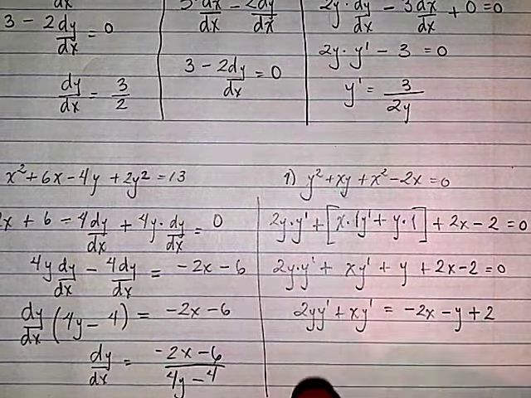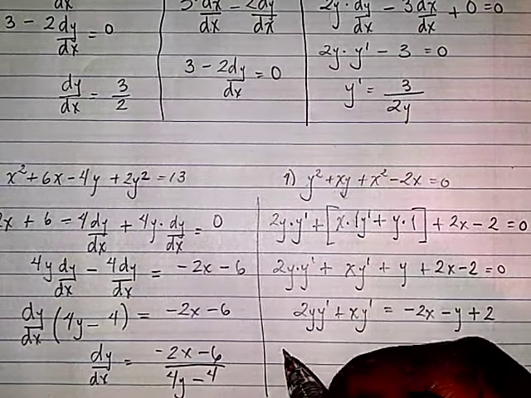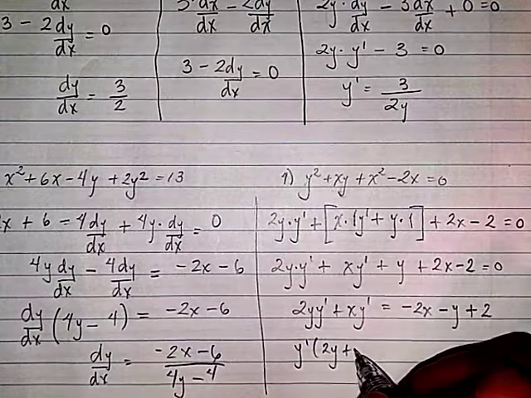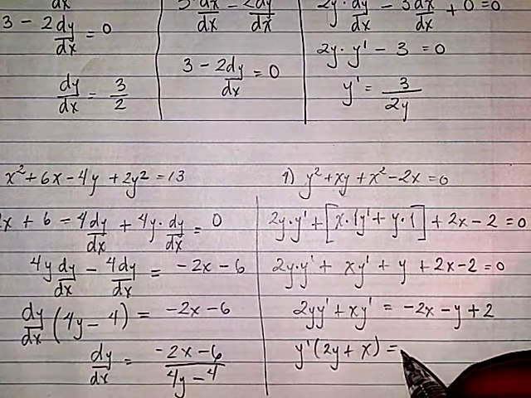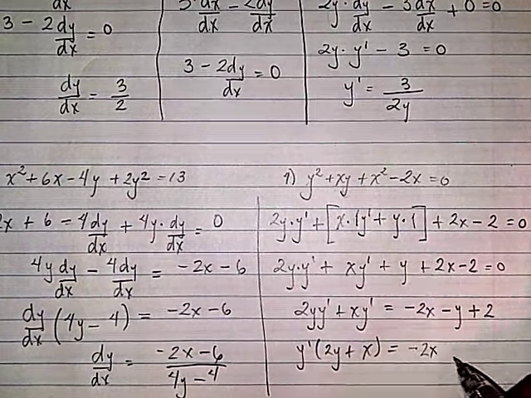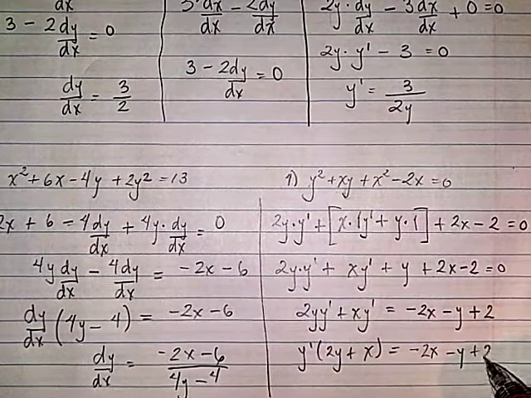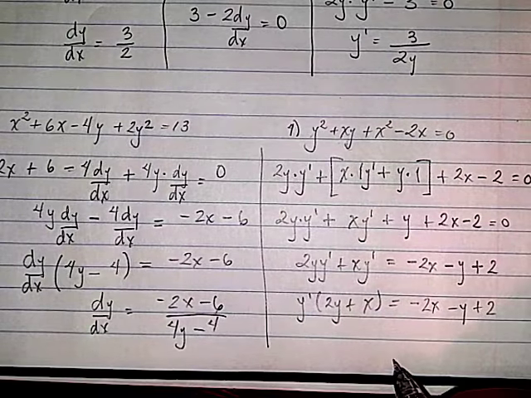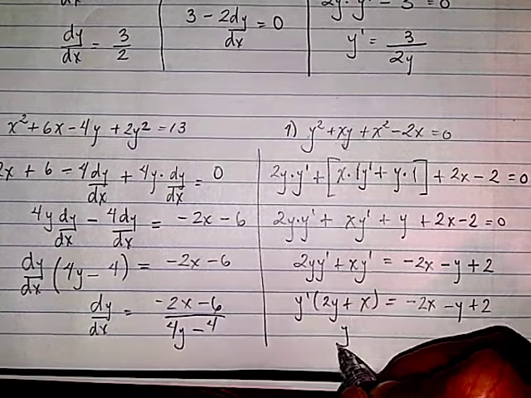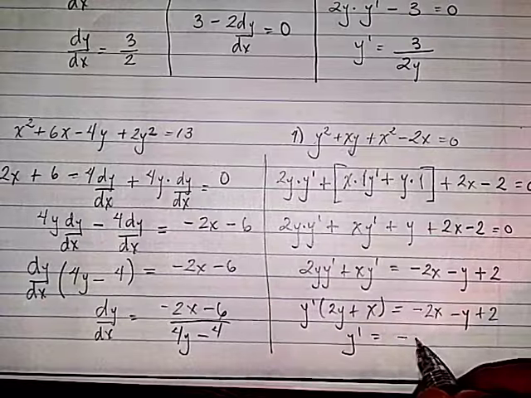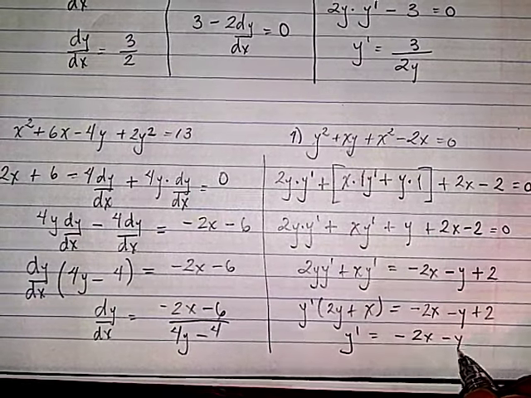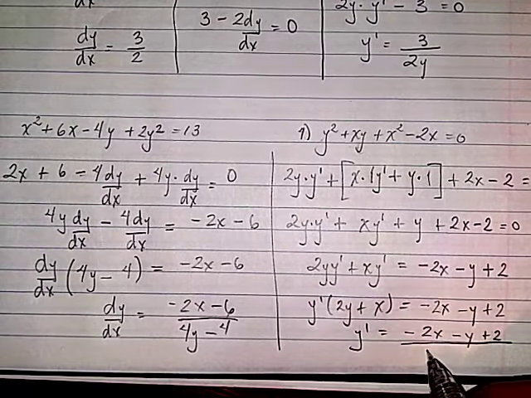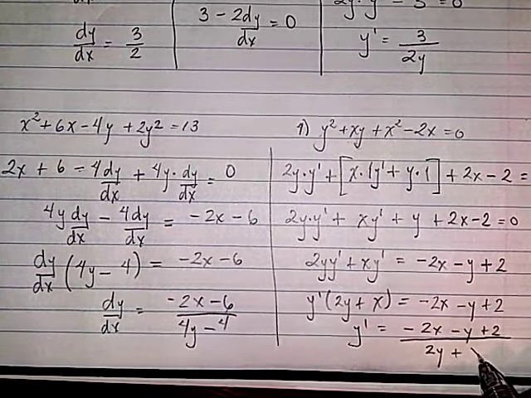Same thing over here, factor out my y primes, and that's going to give me 2y plus x is equal to negative 2x minus y plus 2. Lastly, just go ahead and divide everything by the 2y plus x. So my y prime is equal to negative 2x minus y plus 2 divided by 2y plus x.